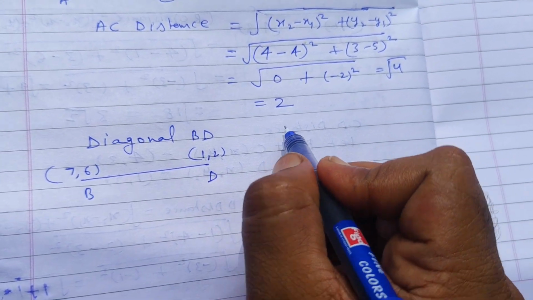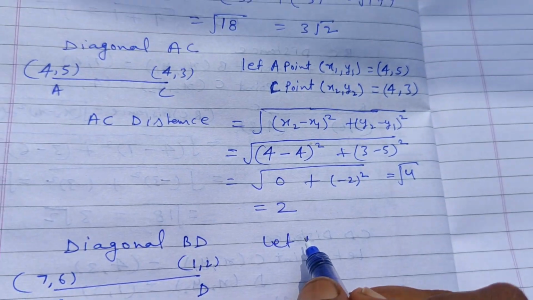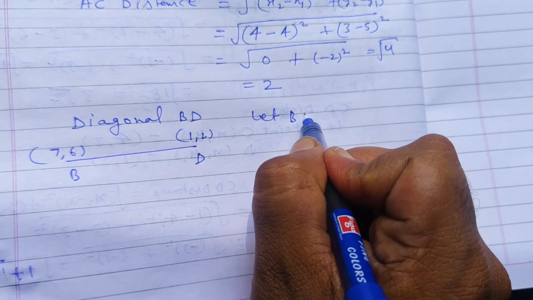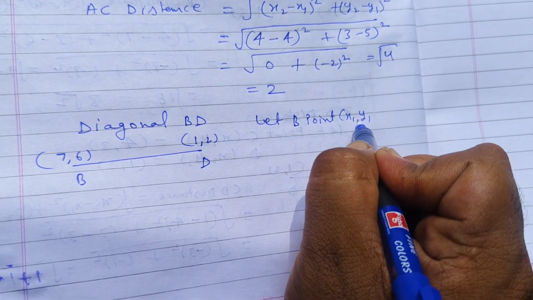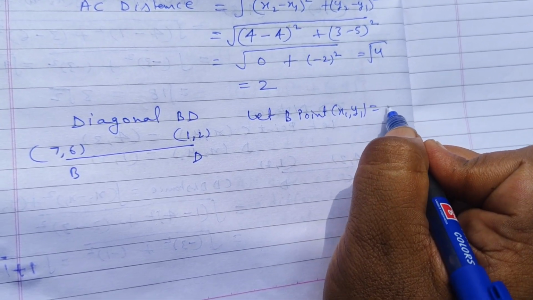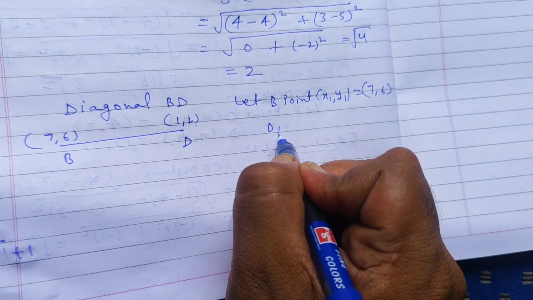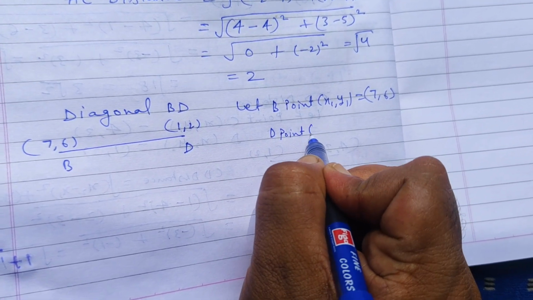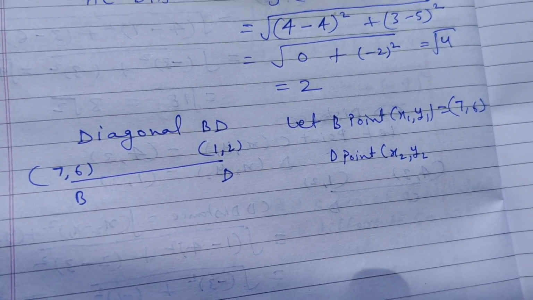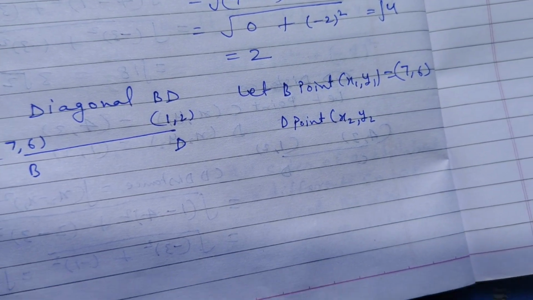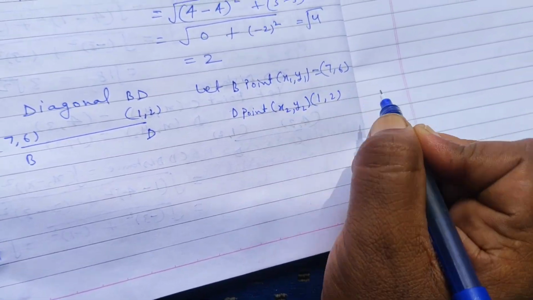Diagonal BD. Let B point (x1, y1) be 7, 6 and D point (x2, y2) be 1, 2.